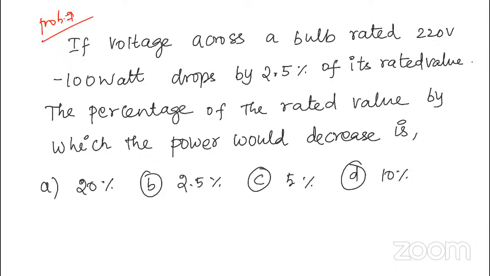When the voltage drops by 2.5 percentage, what will be the power value? The power value decreases, since V is directly proportional to P. So here we have to find out the power decrease, calculating the decreasing value.